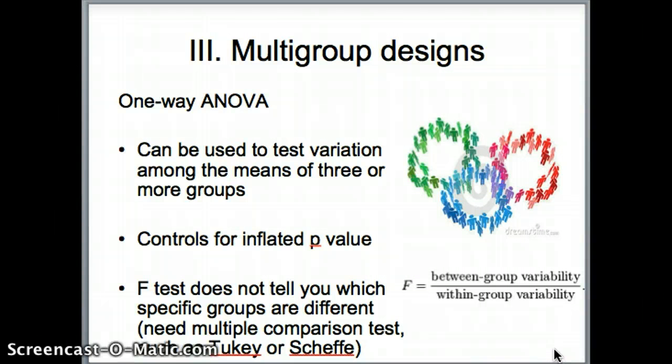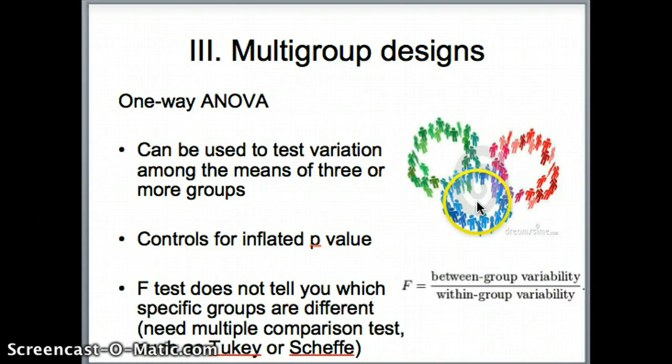However, the F-test does not tell you which specific groups are different from which other groups. It will, in the printout, tell you whether the test itself was significant, whether significant differences exist. However, you need to run a multiple comparison test, often something such as a Tukey or a Scheffé test, that will tell you which group is specifically different from which other group, right?